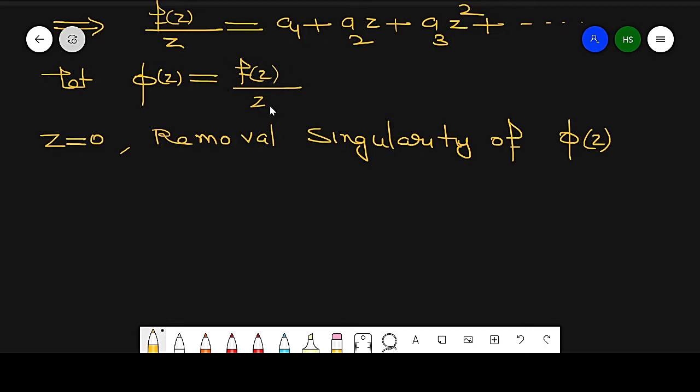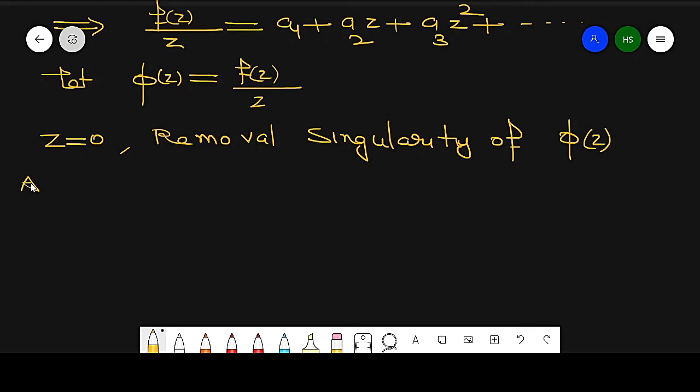From this function we see that z equal to 0 is the singular point of this function. But we can expand this function in the form of a power series. If we can expand in terms of a power series, then it means z equal to 0 is the removable singularity of function phi(z).